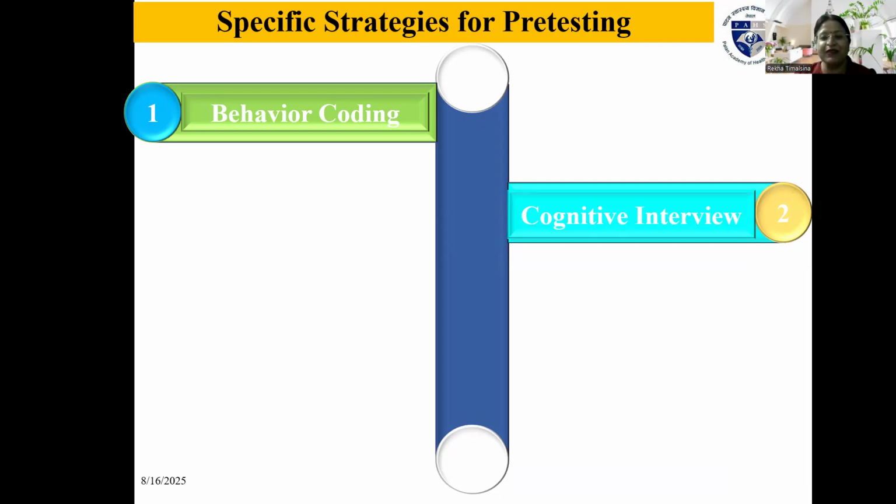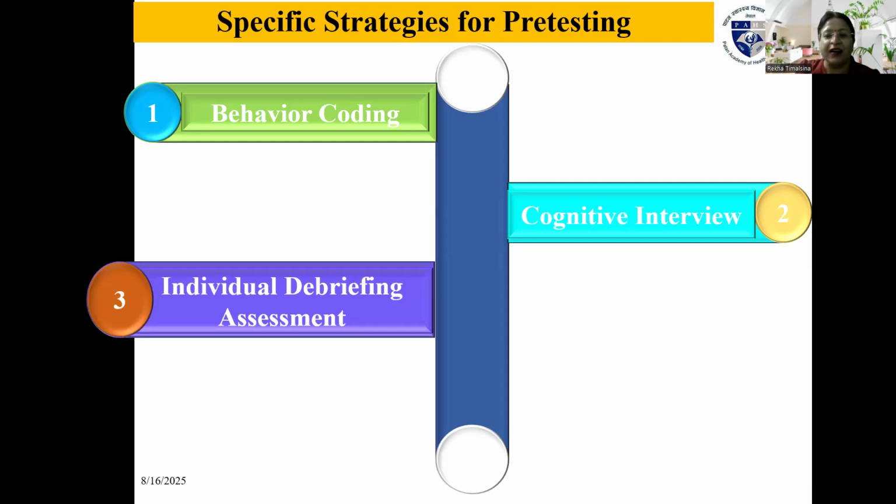Following the completion of the survey, individual debriefing allows for one-on-one discussion between the researcher and the respondents to review specific questions, focusing on clarity, comprehensiveness, and whether the response options are mutually exclusive.